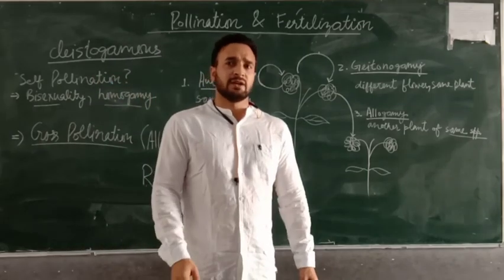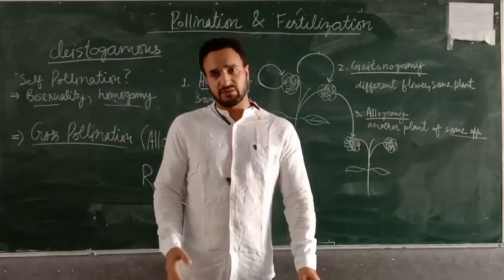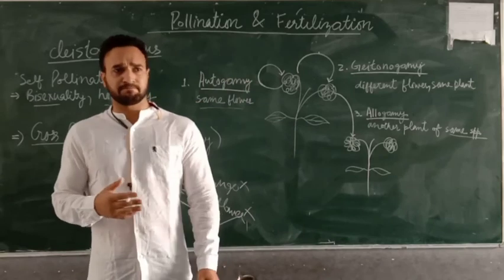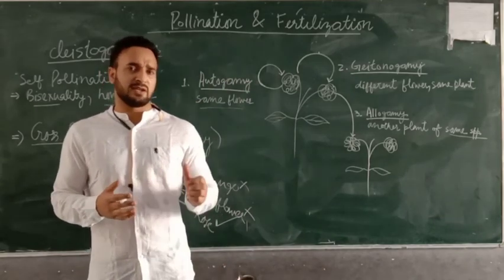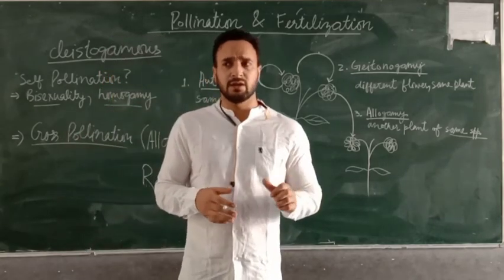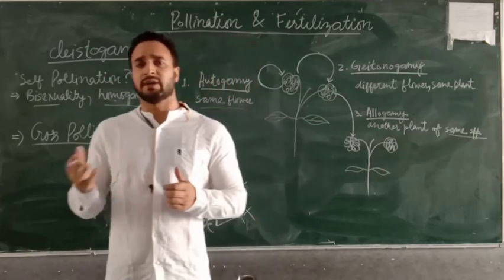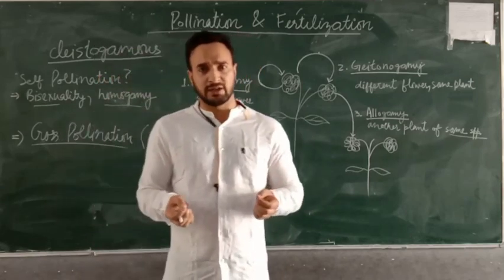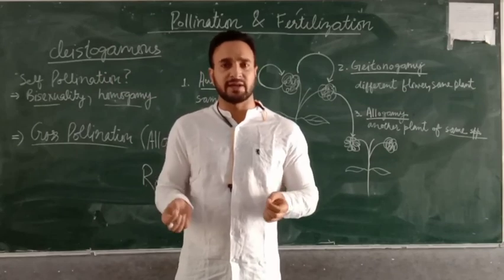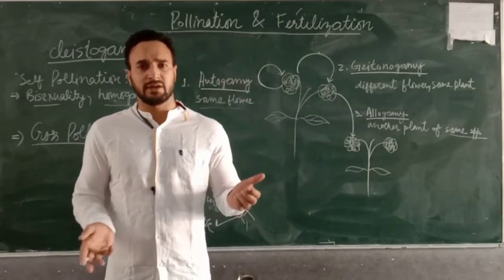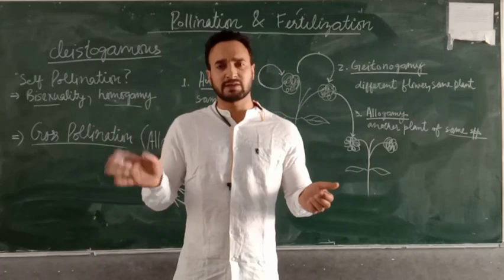The disadvantage is that the weaker generations always stay there, because self-pollination is happening. If there is any weaker trait or weak character present in the plant, it cannot be avoided. It will always stay there.